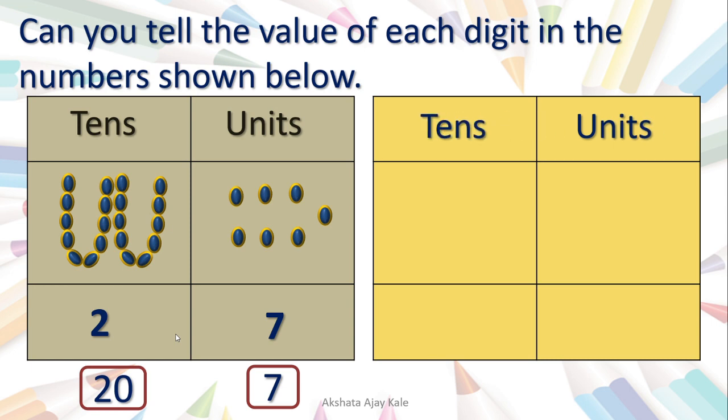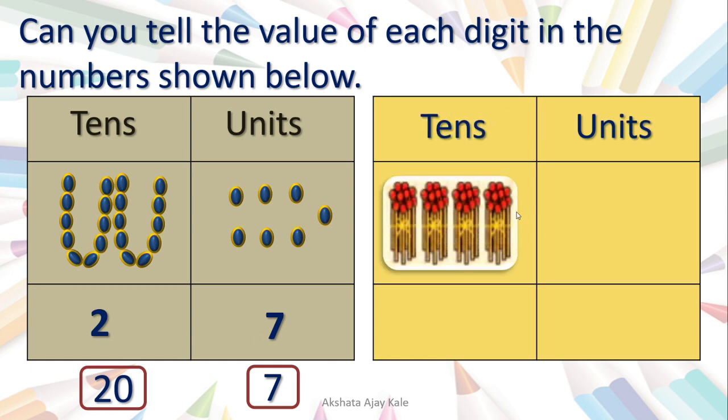See one more. Here we can see the bundles of matchsticks and single matchsticks. How many bundles are there? 4. So we will write 4 tens and 6 singles. So we will write 6 units. Okay, what is the value of 4 and 6?